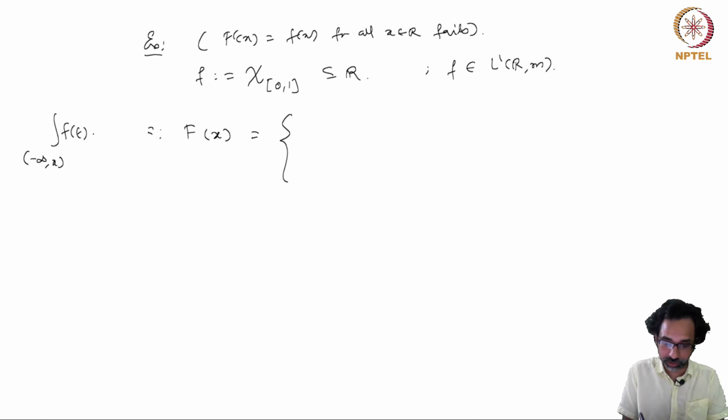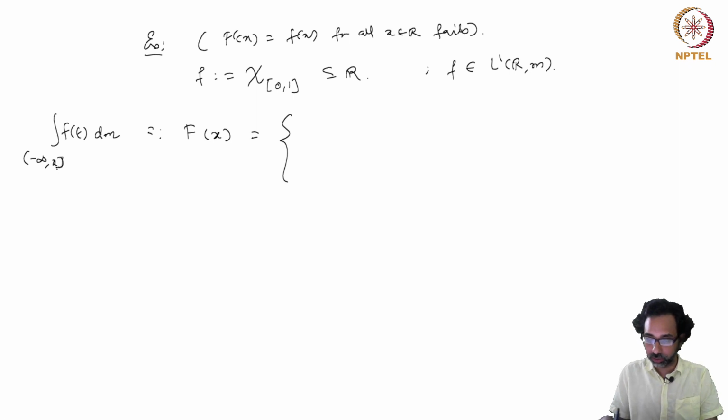I'm writing dt, but it's the same as dm with the Lebesgue measure. So if x is less than 0, then of course f is 0, because it's the indicator function, and therefore this is going to give you 0.